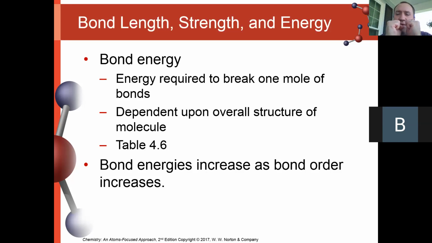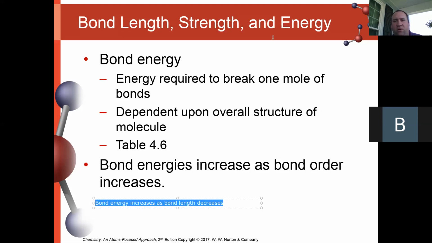Likewise, if the atoms are close to each other, if they have a short bond, it will also be difficult to break them apart, because the closer they are to each other, the more attracted to each other they are. That goes back to our discussion of Coulomb's law from yesterday. And so we can add one little thing to this: bond energy is going to increase as my bond length decreases.